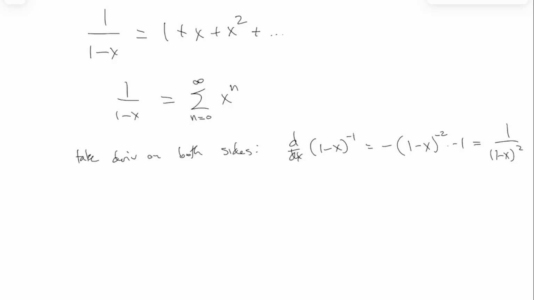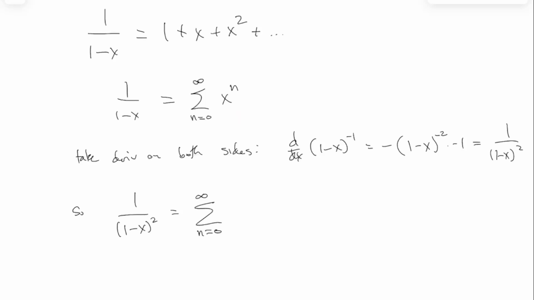That's the left side, right? And what's the right side? The right side is you just do the derivative each time over here. So the series, can anybody say what's the derivative of x to the n? This is not a trick question.